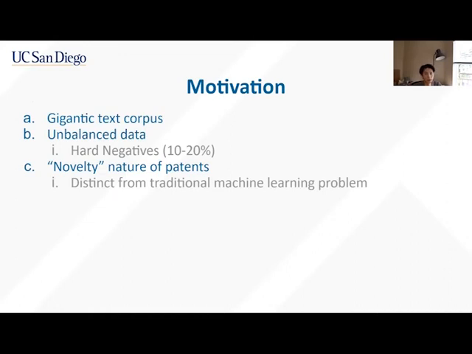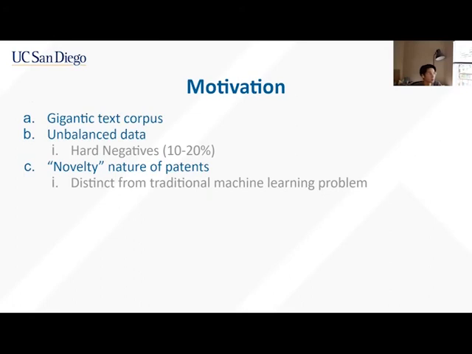Second, the highly unbalanced data set. Around 80 to 90% of patent claims are approved, so we can see how unbalanced that is. Thirdly, the approval of a patent claim usually means the claim is different from all the previous ones. This is different from our traditional machine learning objective, which tries to find similar items. So to tackle those issues, we implement an effective pipeline that includes a customized BERT model and handcrafted innovative features.